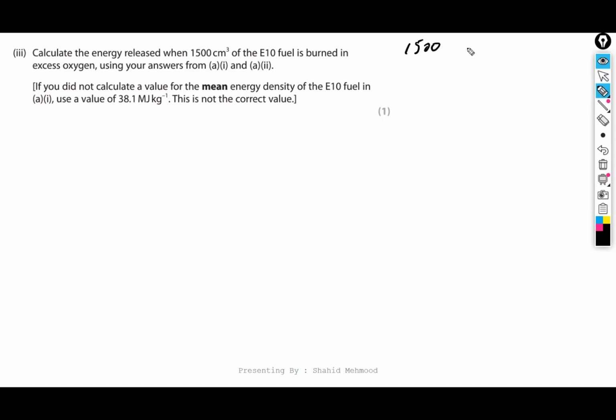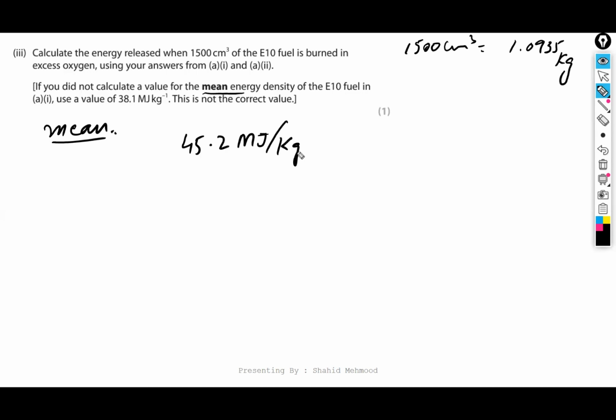this 1500 cm cube is equal to 1.0935 kilogram. We are supposed to use the mean value which we calculated, that was 45.2 megajoule per kilogram. So it's a very simple question.